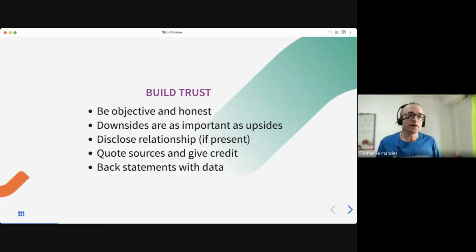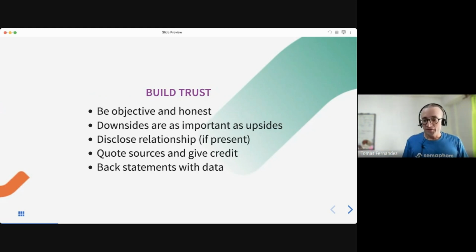Sometimes what something will not do is more important than what it will do. If you are talking about use cases, saying which cases are not good fits is sometimes more important than the use cases. We need to balance, because there's no solution, no product, no platform that is perfect and will fit all cases.